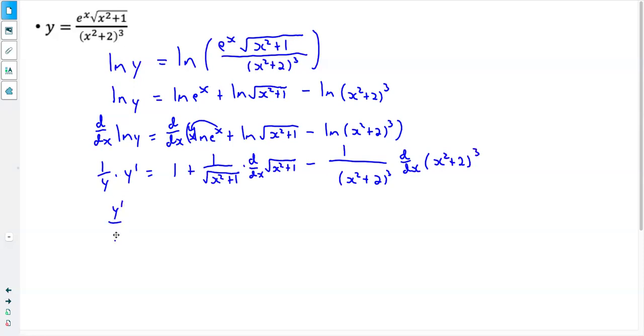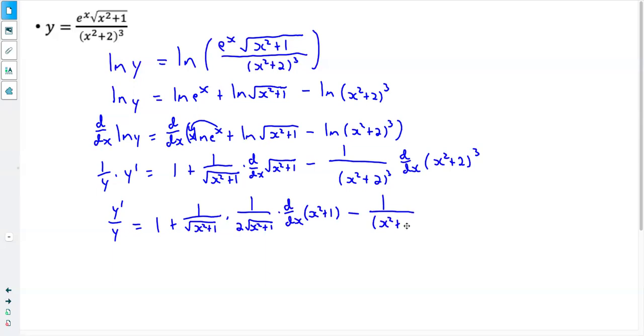So we've got y prime over y equals 1 plus 1 over the square root of x squared plus 1 times the derivative of the square root of x squared plus 1, which would be 1 over 2 times the root of x squared plus 1 times d dx of x squared plus 1, minus 1 over x squared plus 2 cubed times 3 times x squared plus 2 squared times d dx of x squared plus 2.